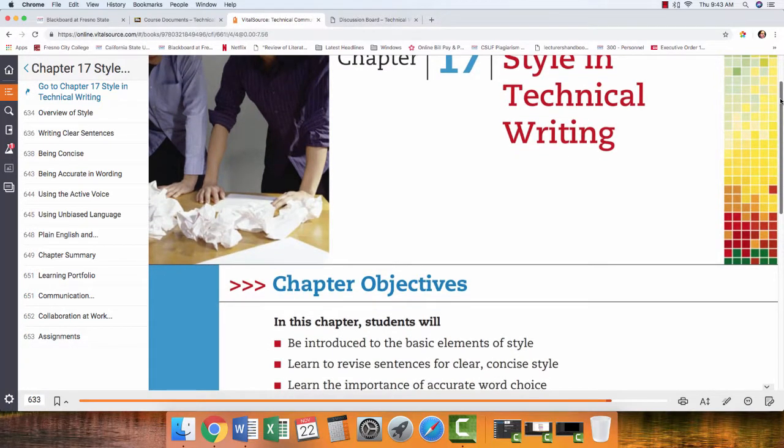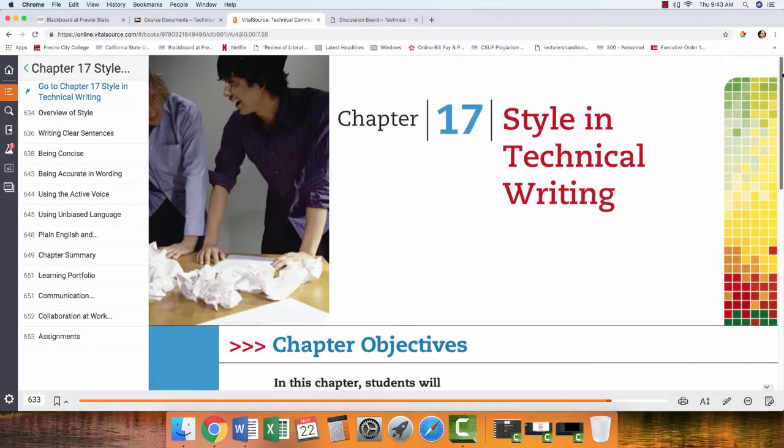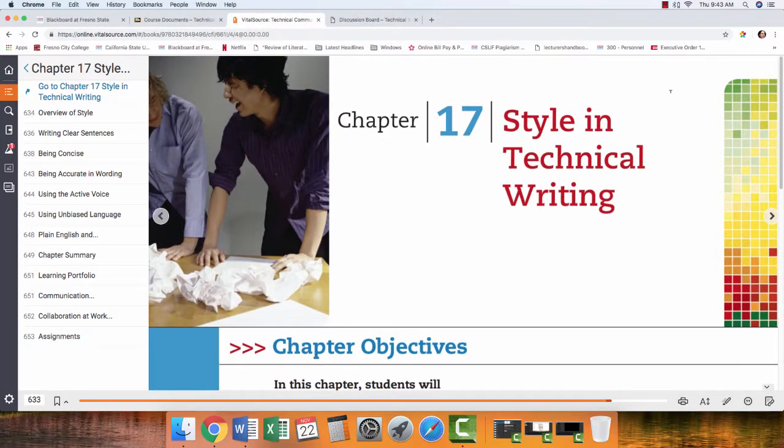I find, as a person who has been teaching college-level English and writing courses for decades, that a lot of times part of the reason that students get into college and succeed in college is that they work on having a bit of a puffed up style.